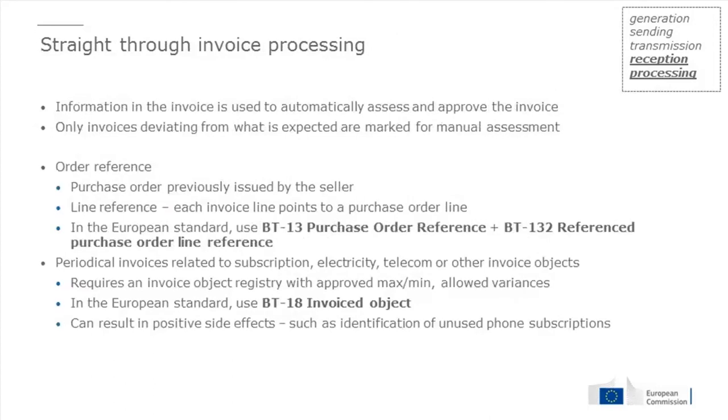So one aspect that's also important to get the full benefit of eInvoicing is straight-through processing. That means that the content of the invoice is used so that, from a machine perspective, a computer is automatically assessing and approving based on different values. So, for example, we can have order references.